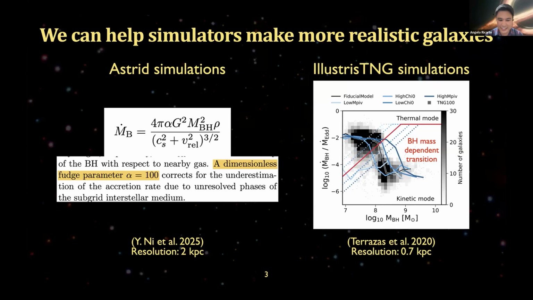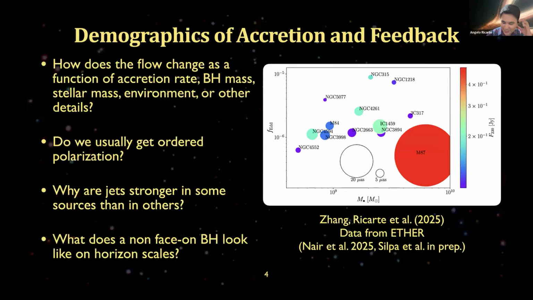And so this is where the EHT and BHEX and our demographic sources can provide an anchor for our understanding of black hole accretion and feedback that we can use to inform these evolutionary models that people can use for galaxies.